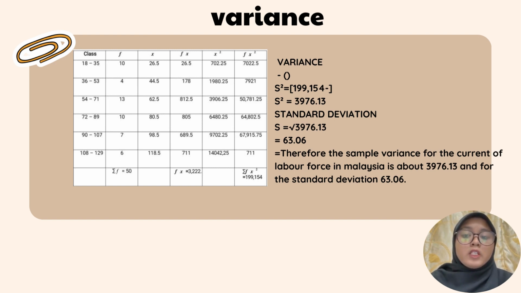S squared equal 3976.13. For standard deviation, s equal square root of s squared, equal square root of 3976.13 equal 63.06. Therefore, the sample variance of the labour force in Malaysia is about 3976.13 and the standard deviation is 63.06.